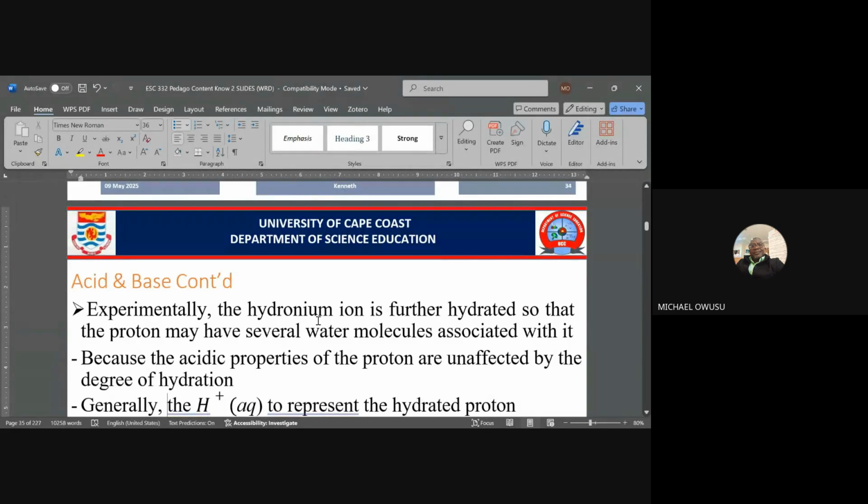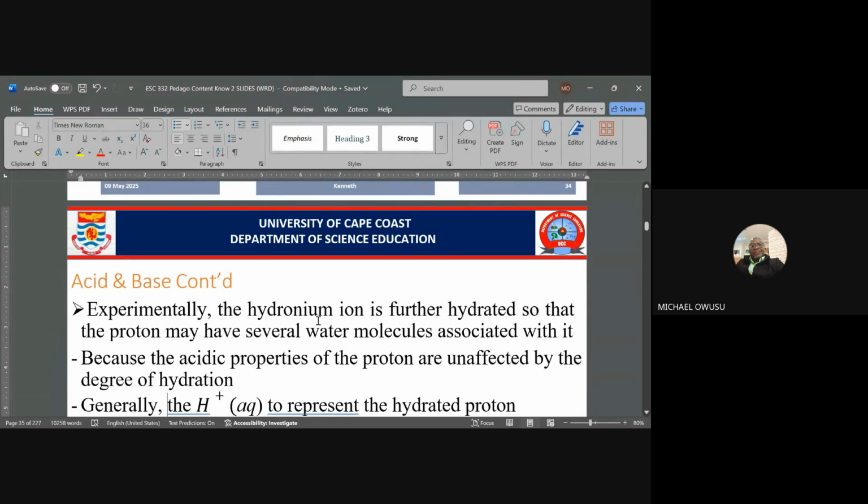So, like we said, it is always found in hydrated form, that is in water, surrounded by water. So experimentally, that's how you see the H3O plus further hydrated. More water will surround it, and then you may have several water molecules associated with it.